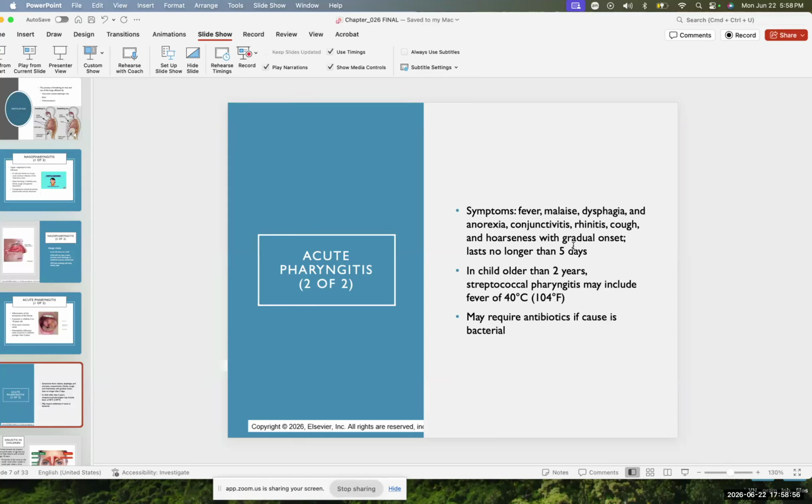Rhinitis, cold, and hoarseness. Streptococcal pharyngitis may include a fever that's high. So viral colds typically are low-grade fevers versus bacterial get high. Okay, this will require antibiotics.